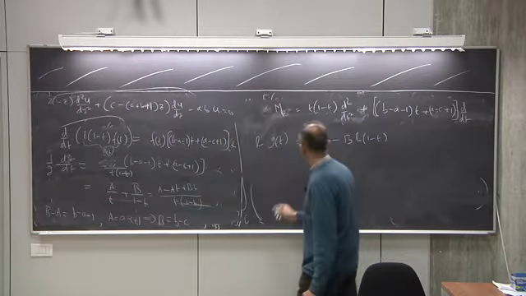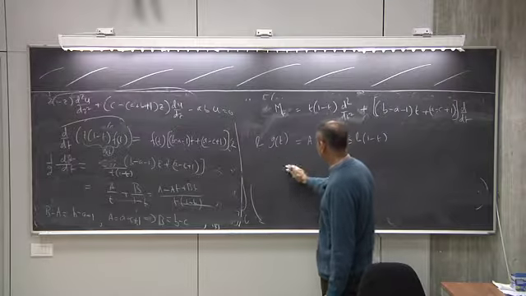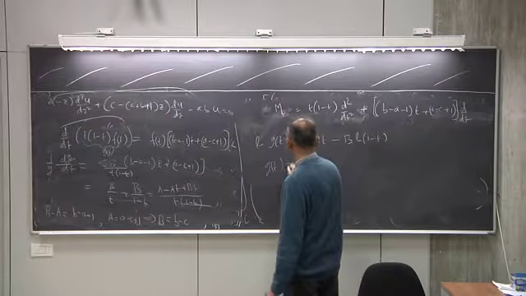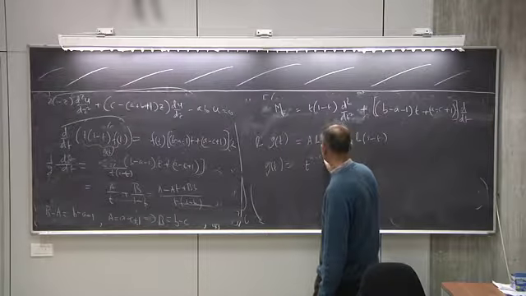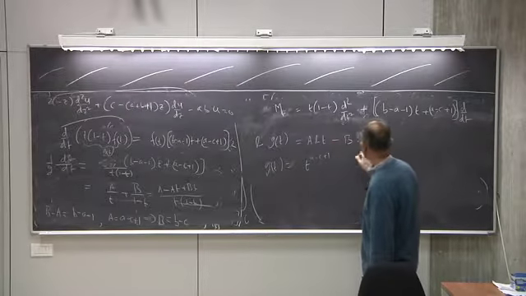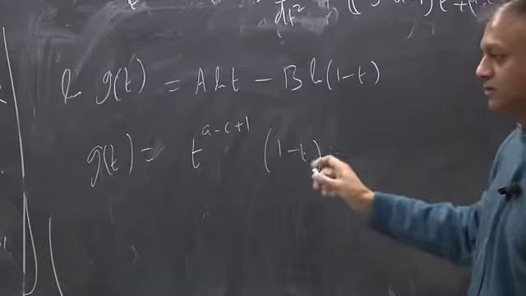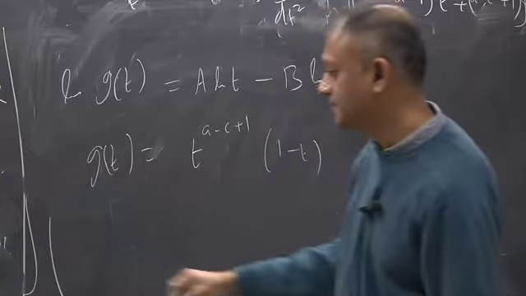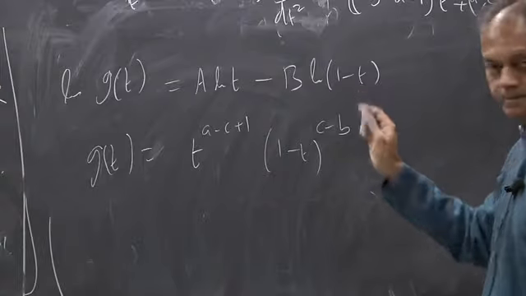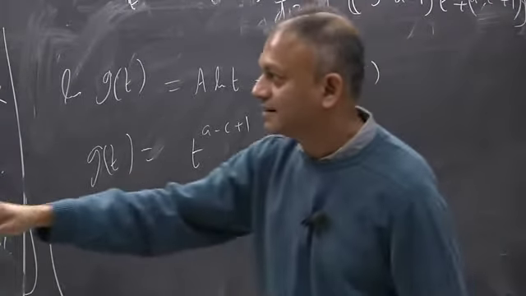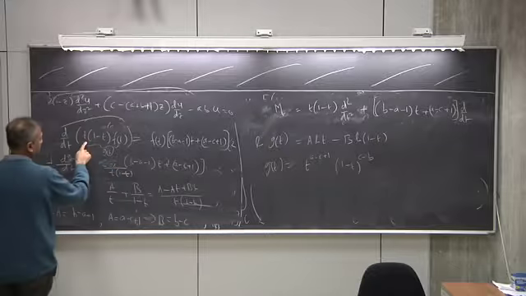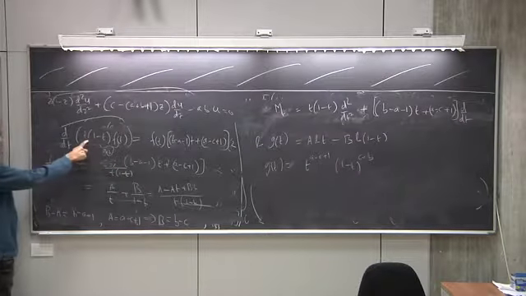Therefore G of t is equal to t to the power of capital A, which is a minus c plus 1, and 1 minus t to the power of minus capital B, which is c minus b. So that's the G of t, and therefore f of t is simply I have to divide by t and 1 minus t.